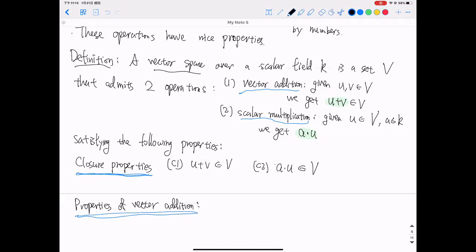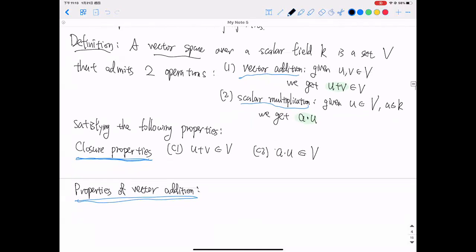The first one is A1, which says that u plus v is equal to v plus u. A2 says that if you have three vectors, (u plus v) plus w is u plus (v plus w).